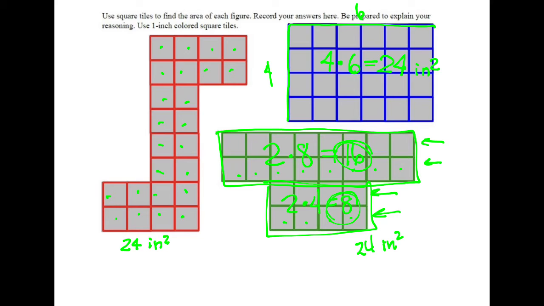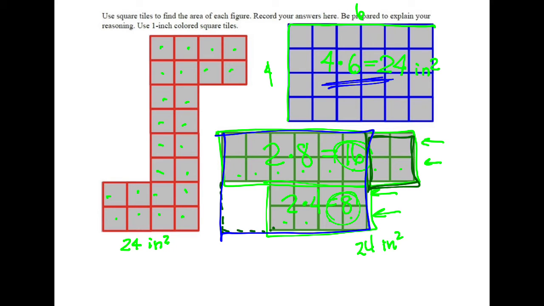Because if I were to cut pieces out and shove them in different places, you would get the same thing. For example, if I cut this part off right here, that 4 by 4, and tacked it in over here, the result would be 4 by 6, which is exactly what I have here.